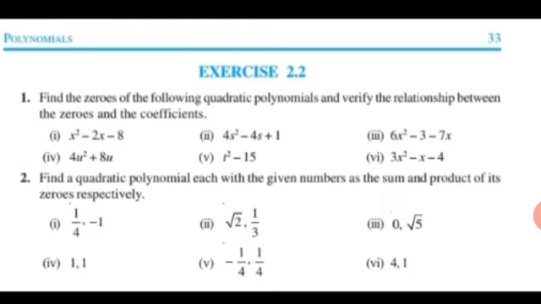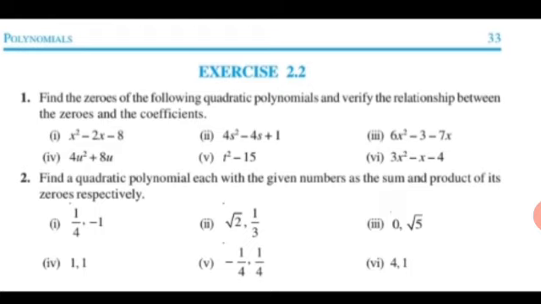Now, I read question 2. Find a quadratic polynomial each with the given numbers as the sum and product of its zeros respectively. Let me compare this question with question 1.